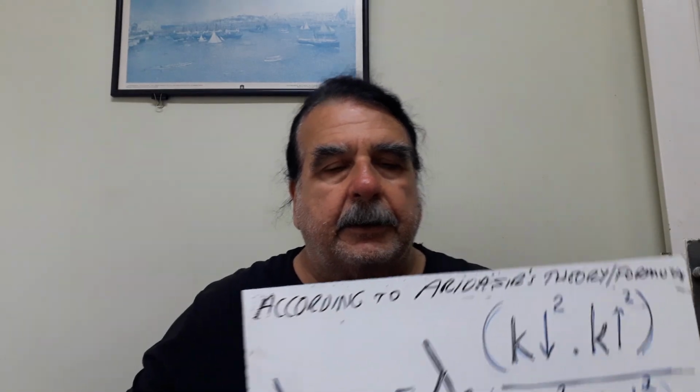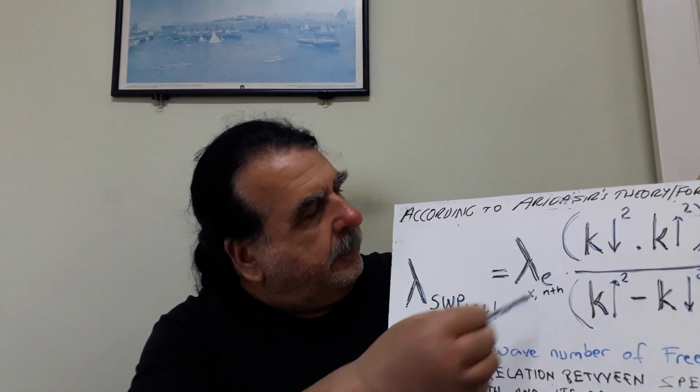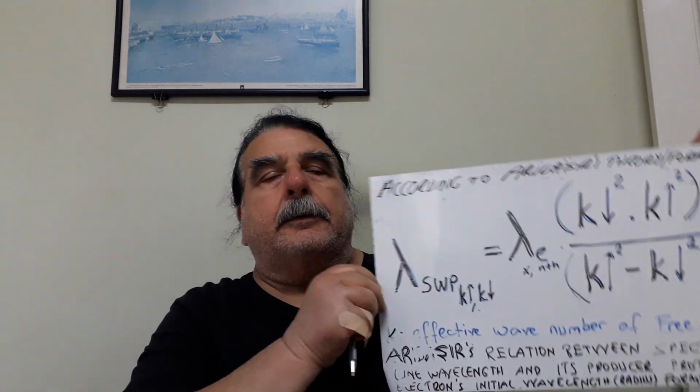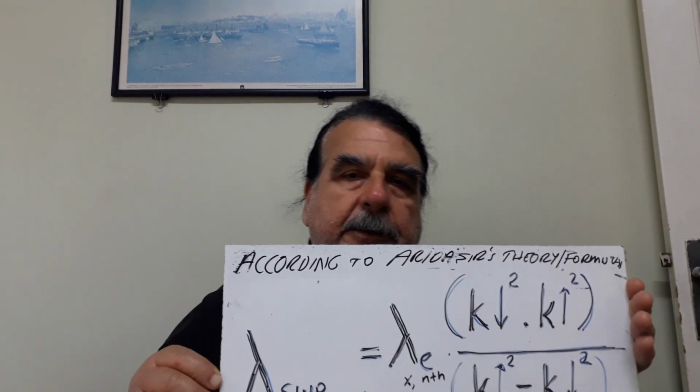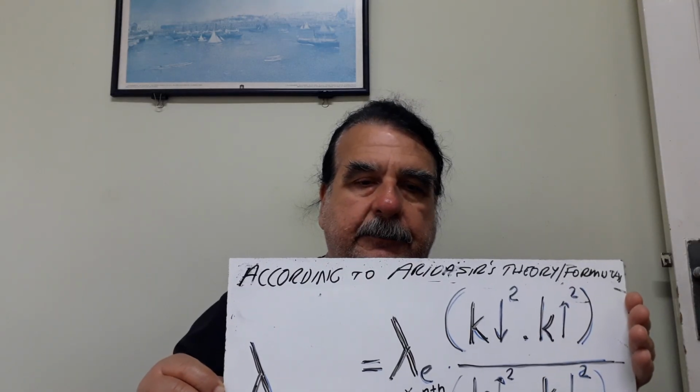Here, K is the effective wave number of free electron motion form.